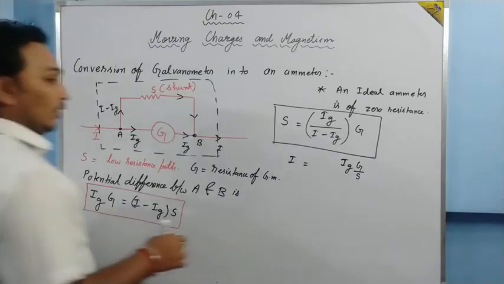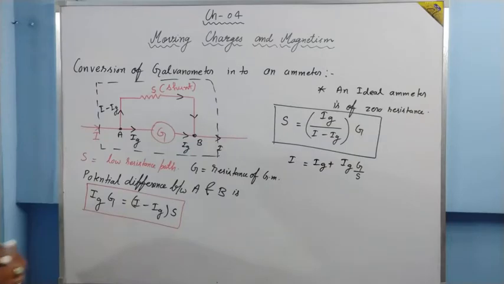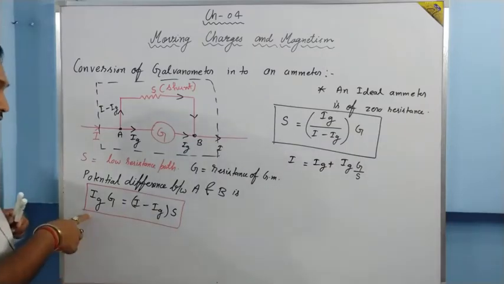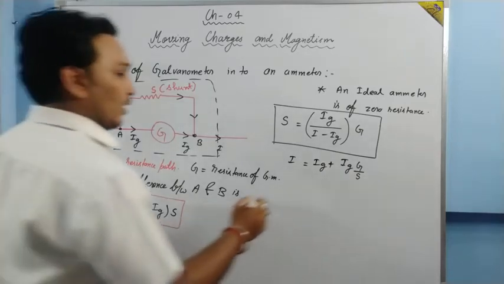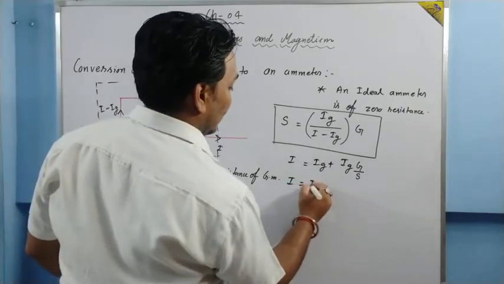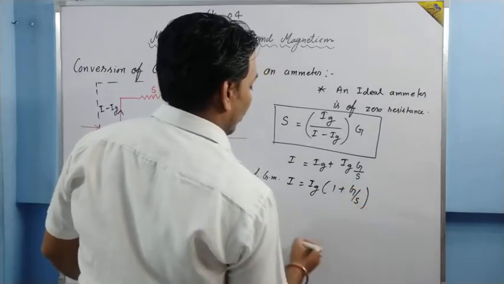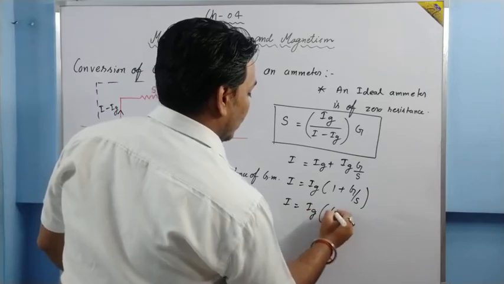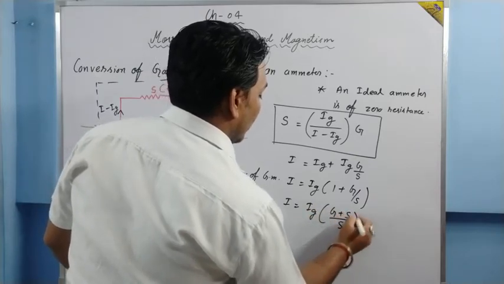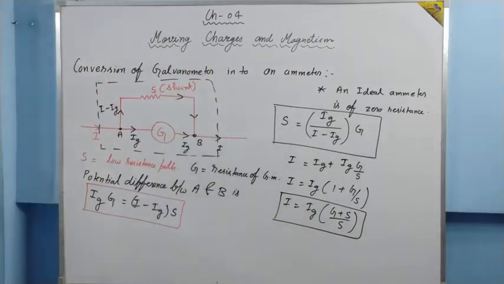If I take Ig as common, we have 1 plus G upon S, or I is equal to Ig times G plus S upon S. This is the value of current for a given shunt.